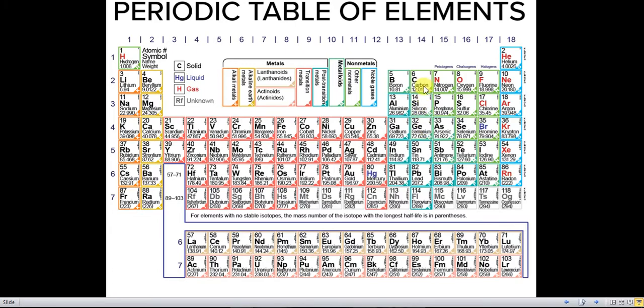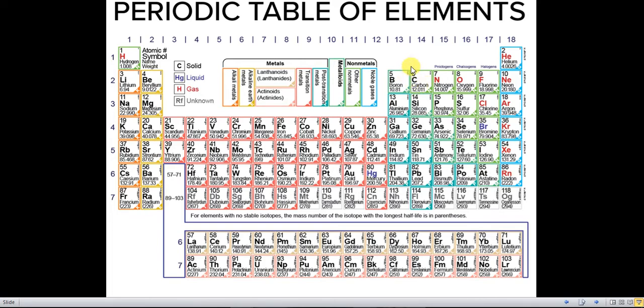Now the elements in this column have 4 electrons in the valence band. We will see what is the valence band, we will see what is the conduction band. So these elements have 4 electrons in the valence band, and these 4 electrons make these elements very, very special.